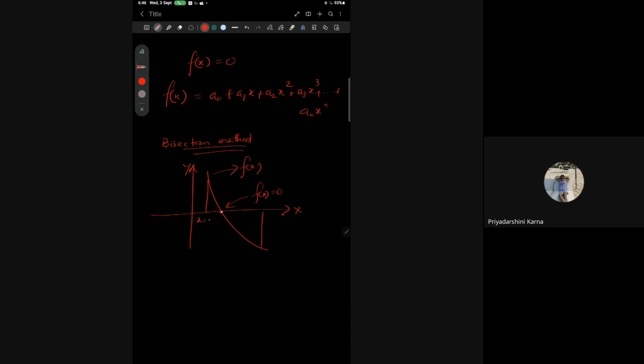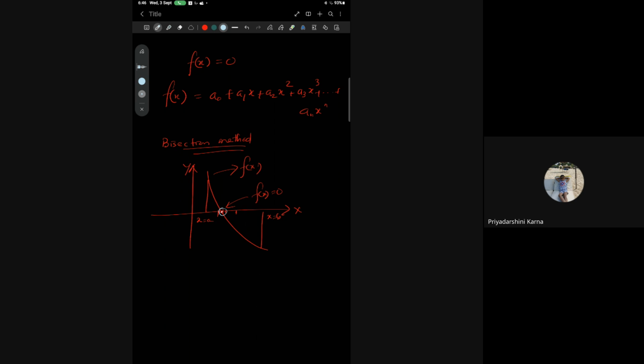If this is x is equal to a, this is x is equal to b, then by taking the midpoint and again taking the midpoint, again taking midpoint, so that one value is positive, one value is negative. That's how we approach the desired value where f of x is equal to 0. This is basically our bisection method.